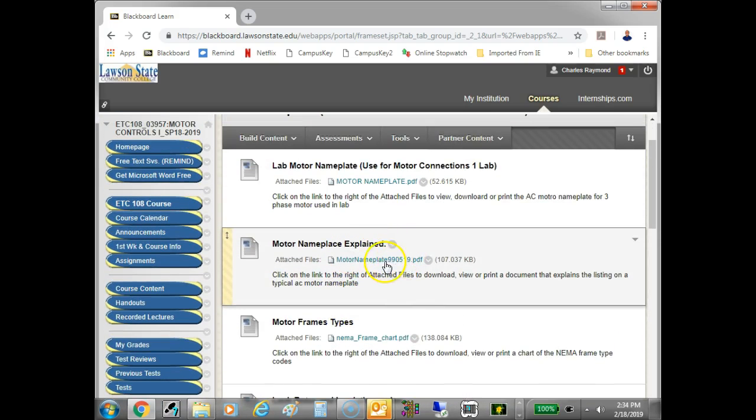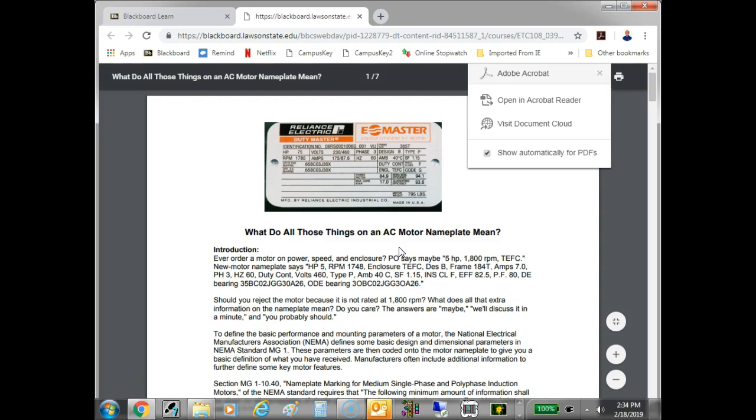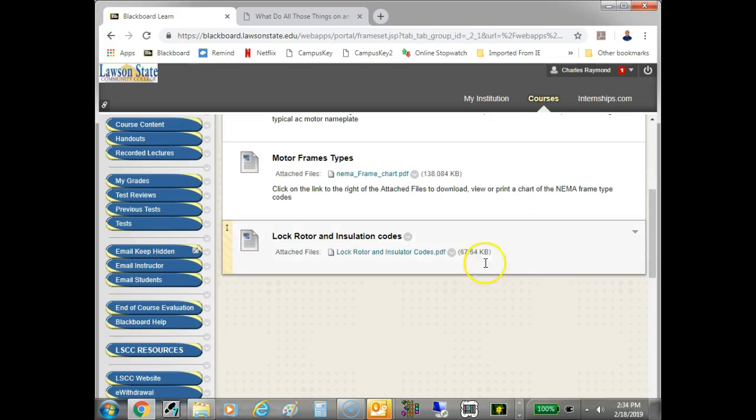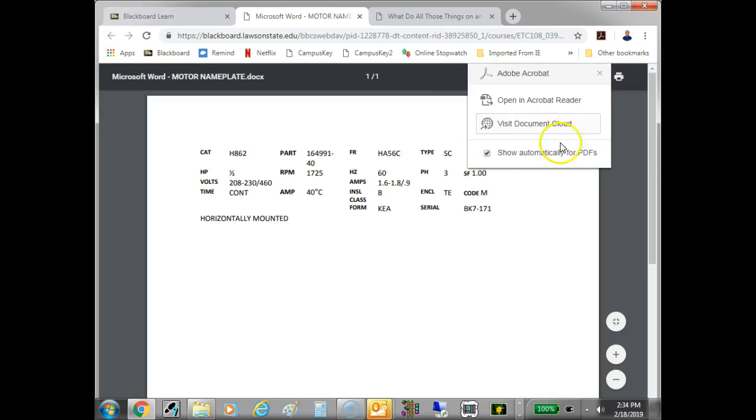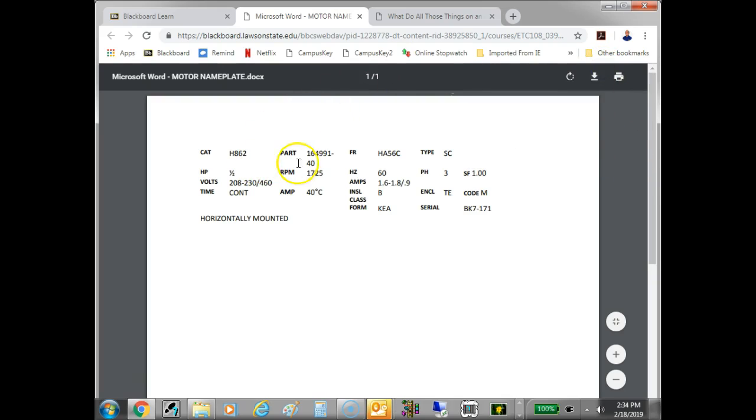This is the actual nameplate on our motor. So here's the frame number.